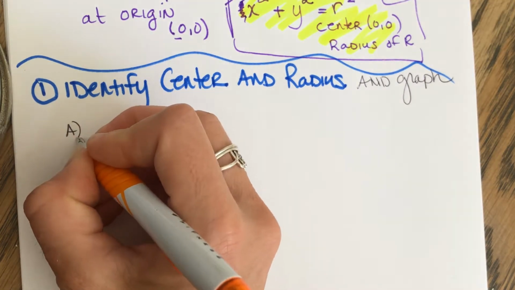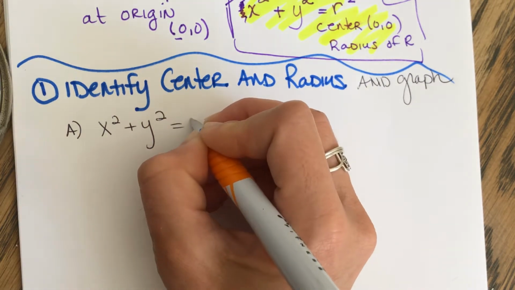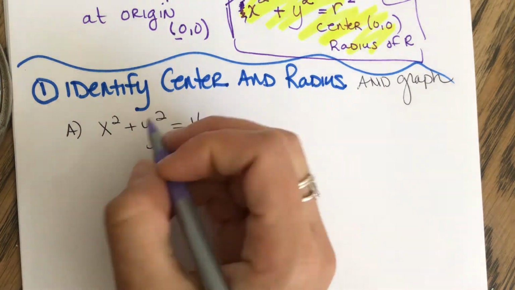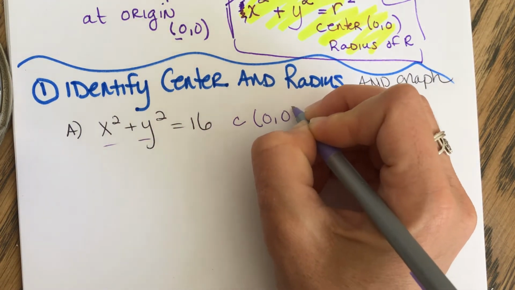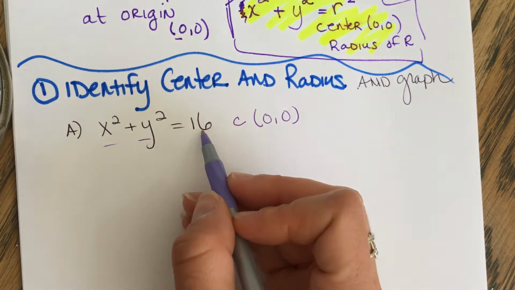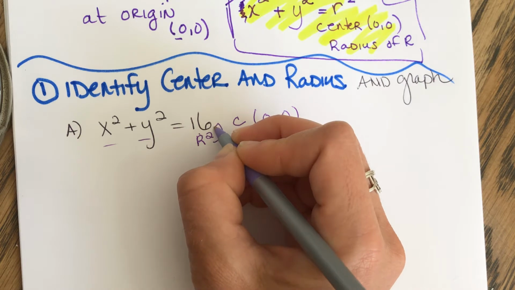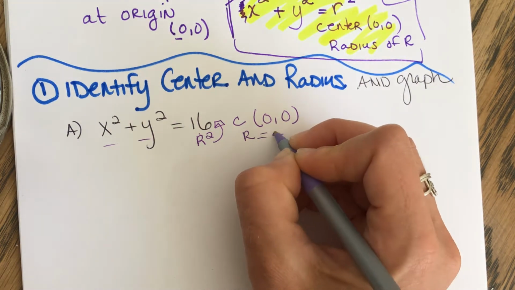So number 1, x squared plus y squared equals 16. Okay, so my center, if nothing is here, is at (0, 0). Now, in the formula, this was r squared. So if r squared is 16, then we all know the radius is 4.